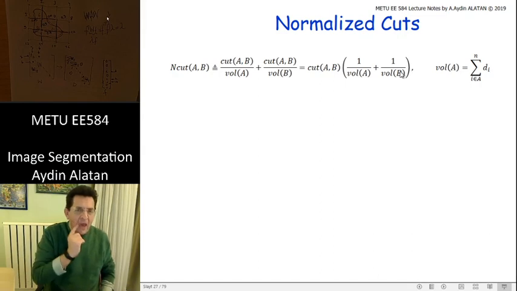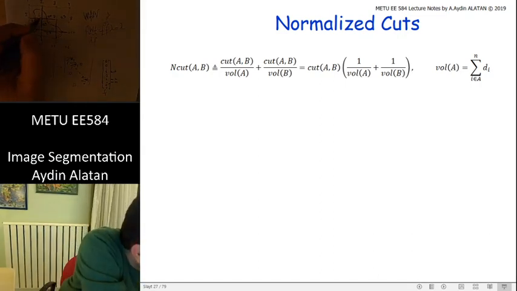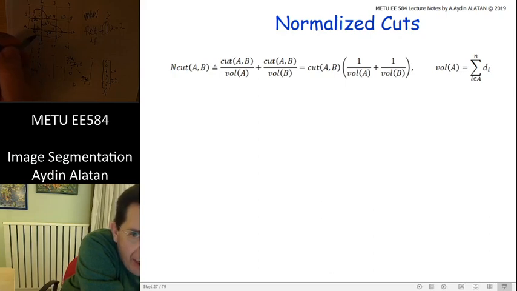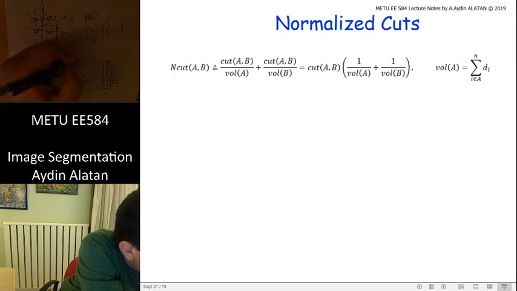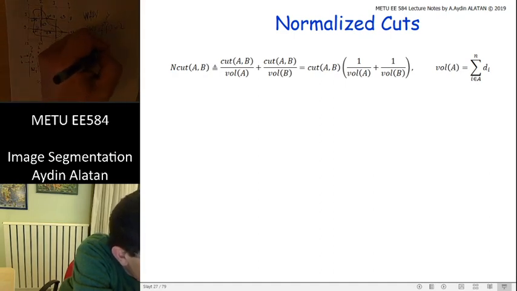Now, what is this volume A? Let's look at here. Volume A is the sum over all the nodes. If we have, for example, D1, D2, we are having here nothing but D6 plus D10 plus D11.